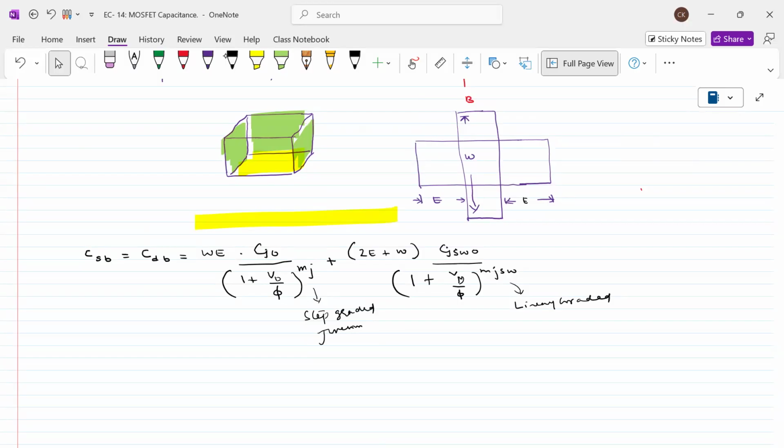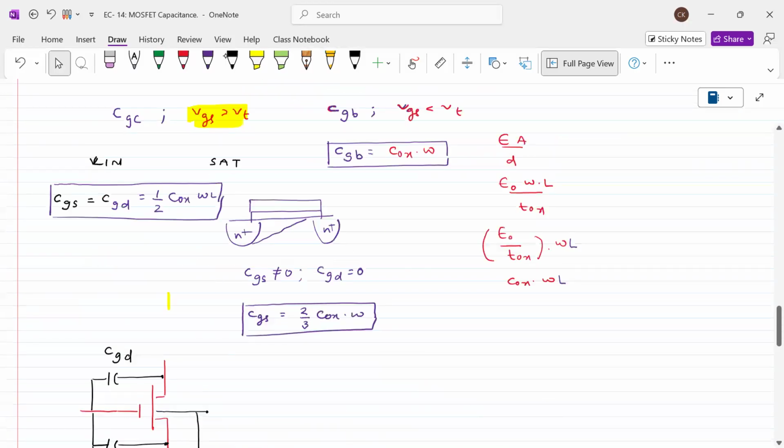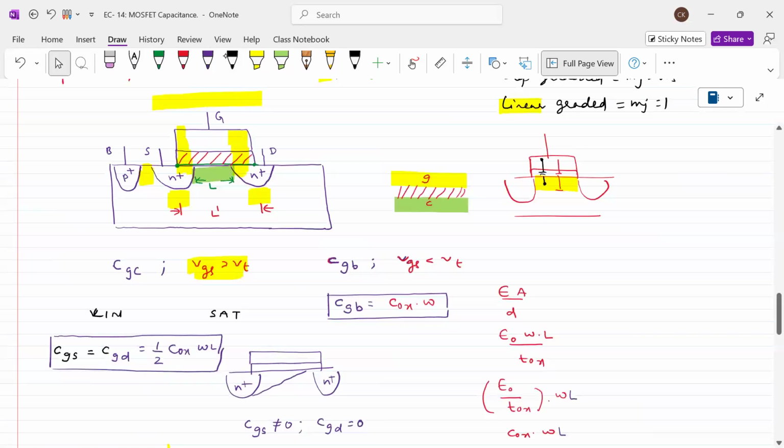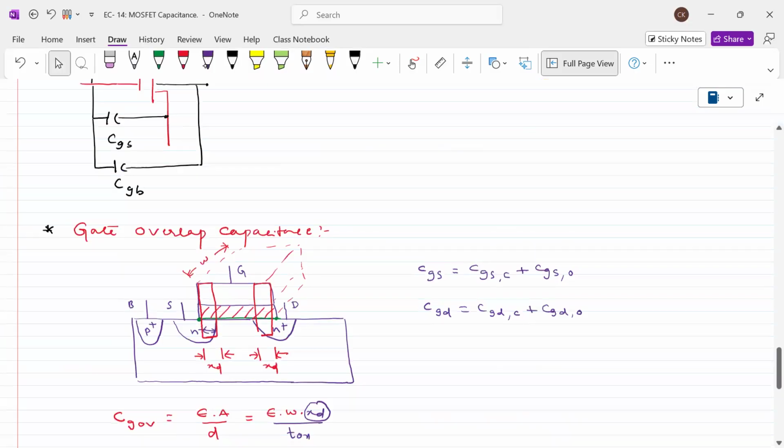So the most important thing is, when the MOSFET is in the saturation region, what capacitances we can see is very important for us, not necessarily all the capacitances. Therefore we can conclude that we have gate capacitance, gate overlap capacitance, and junction capacitance. These are the three types of MOS capacitances we can see in the MOSFET.